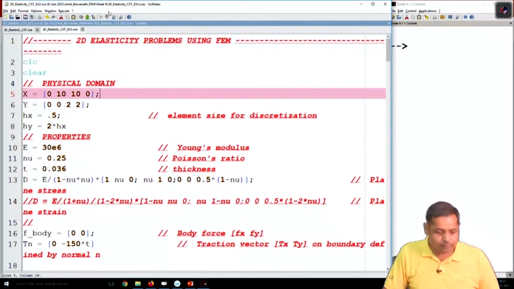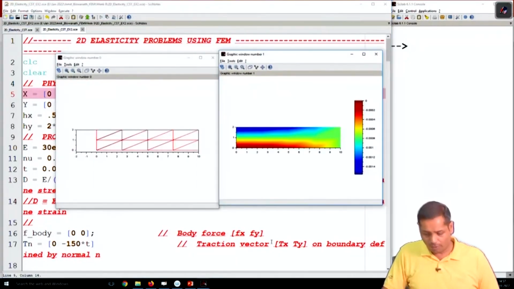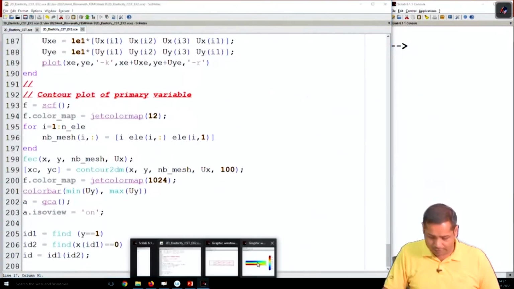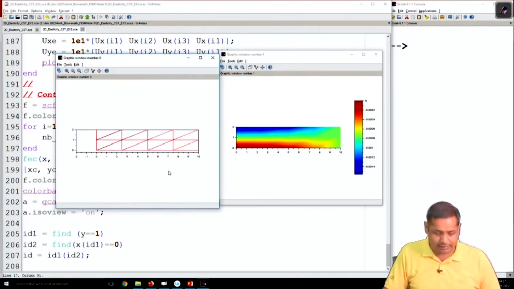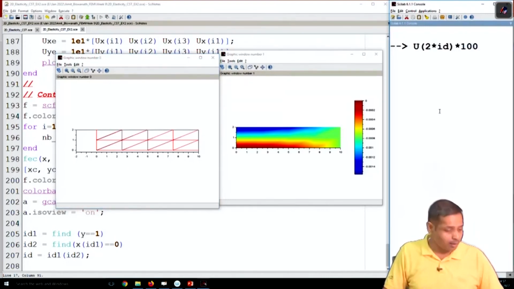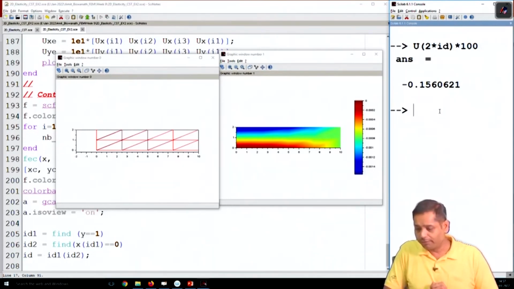So this is our first level discretization. This is the plot of probably Ux, and this is the discretization. And what is the value? Your value is around minus 1560.